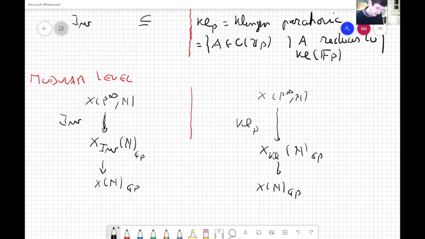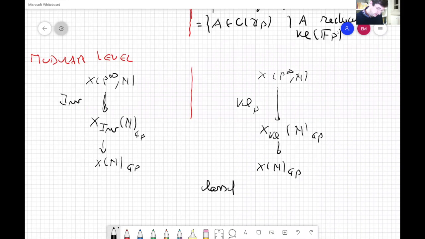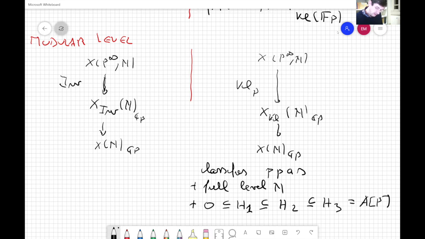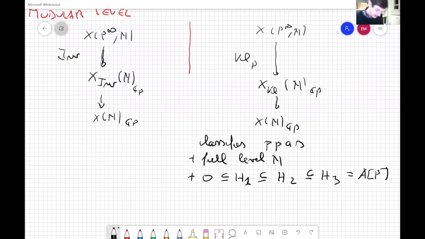And this actually classifies, at least in the open part away from the cusp, principally polarized abelian surfaces plus full level N structure, plus a flag of subgroups of the p-torsion, H1, H2, H3, which is equal to the p-torsion, with the property that, I mean, generically, this is rank p, and this is actually rank p cubed, and it's actually the orthogonal of H1.